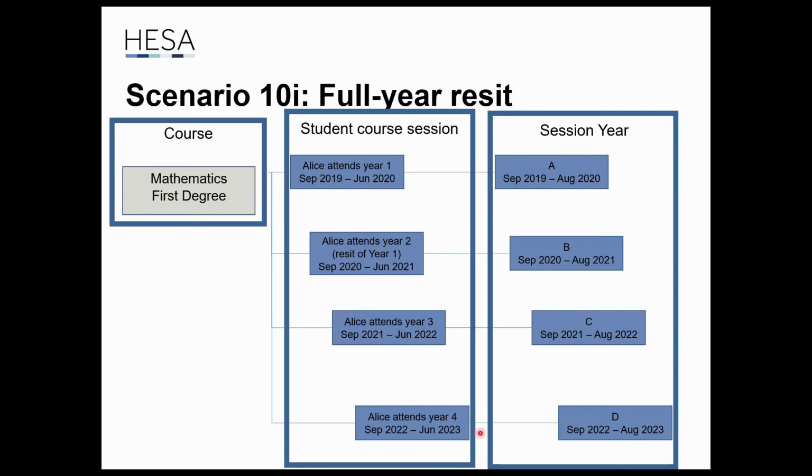Then years 3 and 4, she just carries on and again has those session years for the relevant years. So it doesn't look all that different in terms of the buckets of session years, but it's just knowing that this is her resit year and this is where it's attached, and you carry on attaching it in the same way if she's resitting a whole year and it's a whole 12 months later.